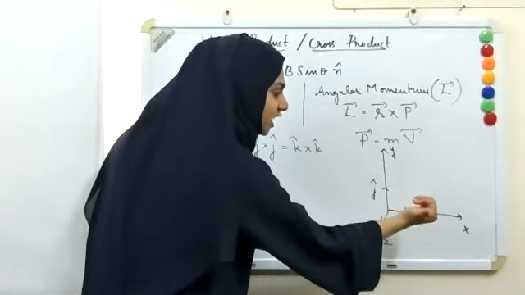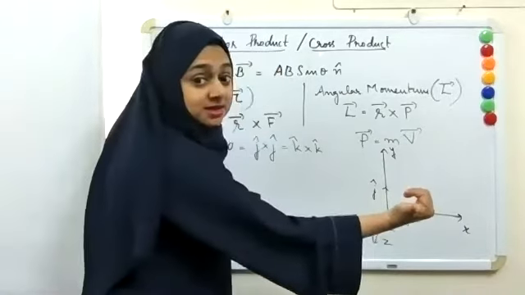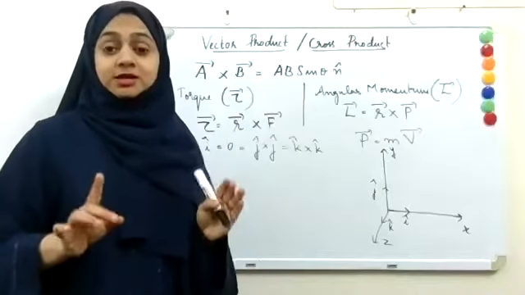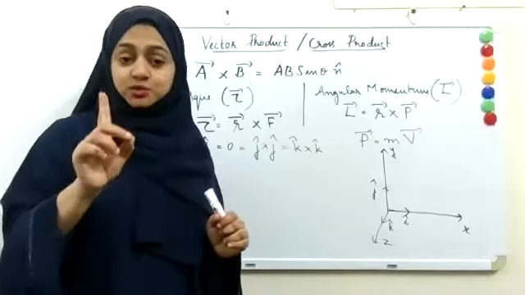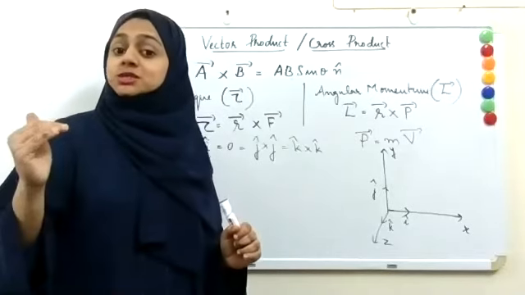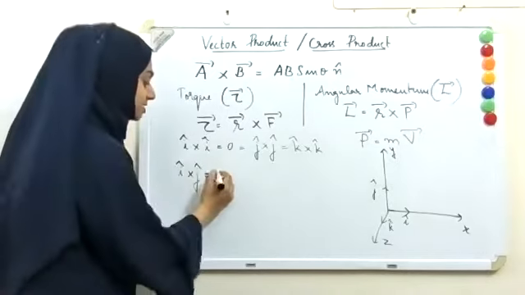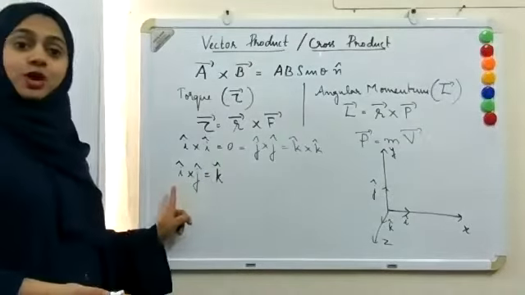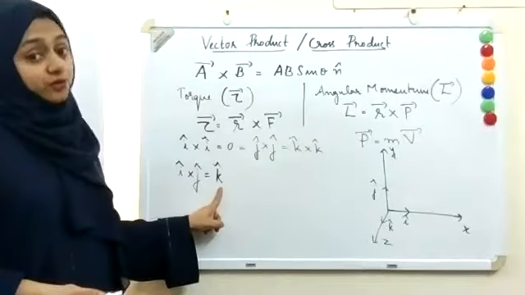So it's outside, means along the Z direction and along k. So it has unit k, magnitude 1, and it's along Z direction. So I can represent it as a unit vector j. Yeah, sorry, k. So i cross j will give you k.